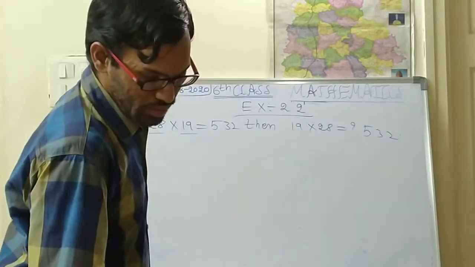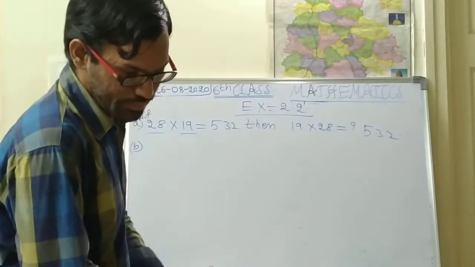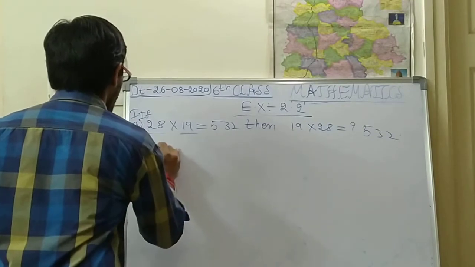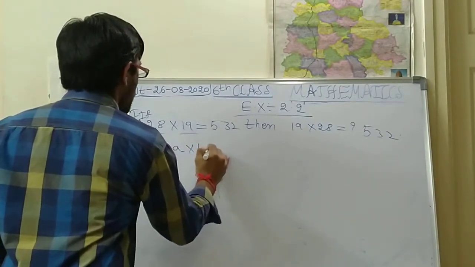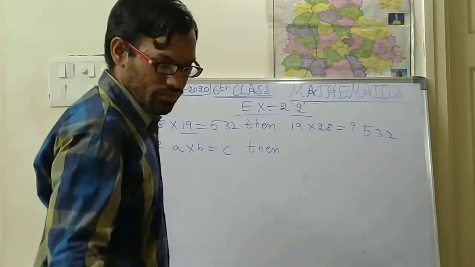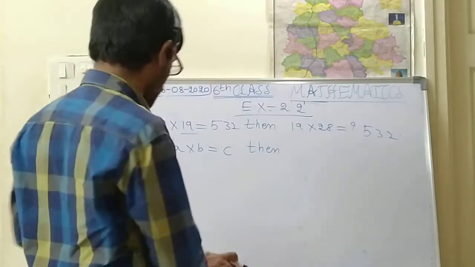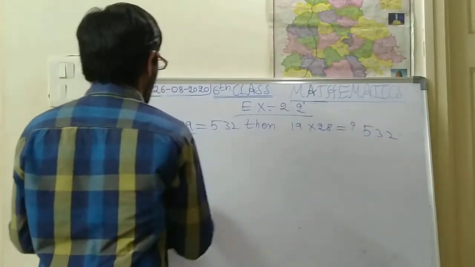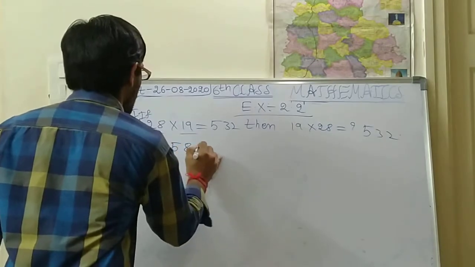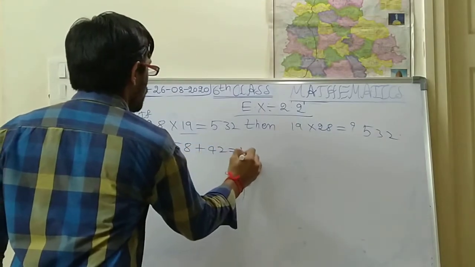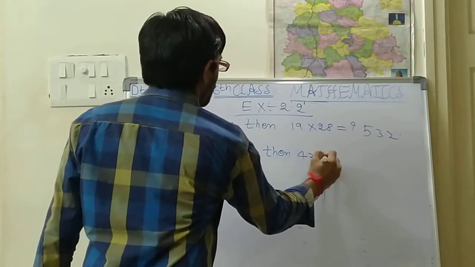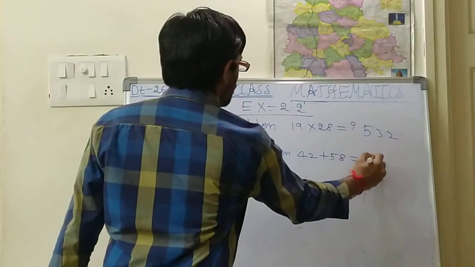B is: if a plus b is equals to c, then, for example, if 58 plus 42 is equals to 100, then 42 plus 58 is equals to how much?